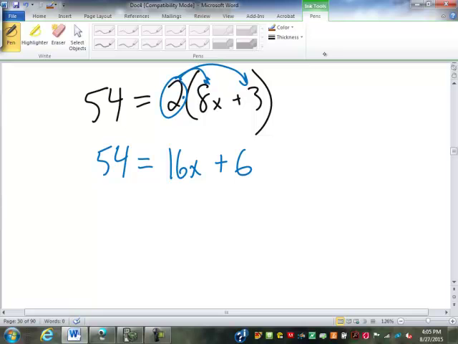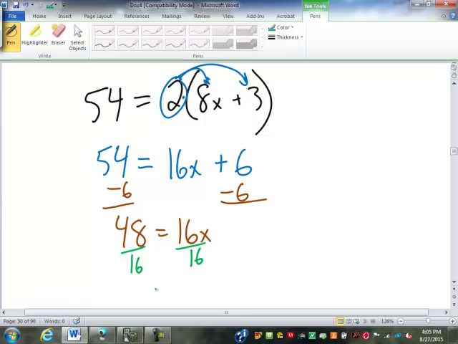Then what? Subtract 6. Give us 48 equals 16x. And then divide by 16, giving us 3 equals x. Perfect. Good deal.